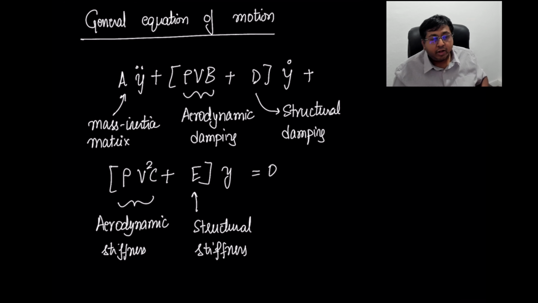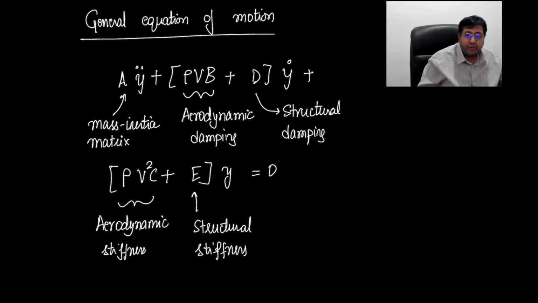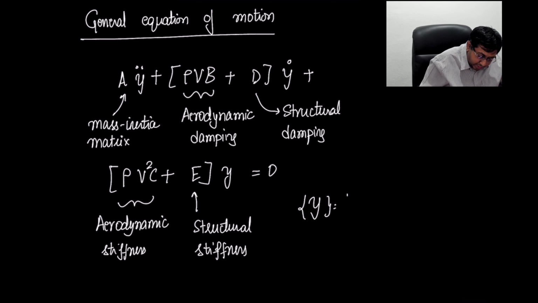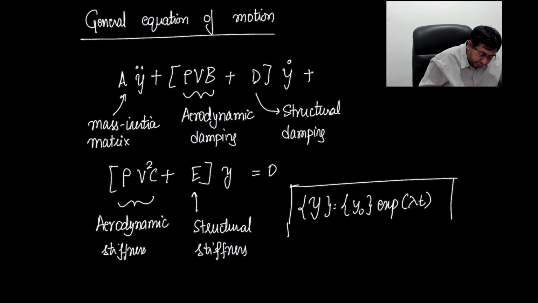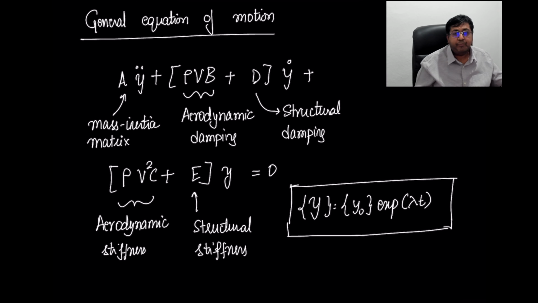Right? So we can easily assume, as we have done so far, that our y solution is some y naught into exponent of lambda t. So we can assume that the solution is of this particular form.